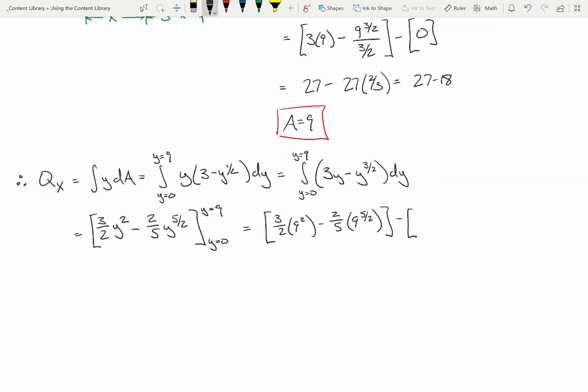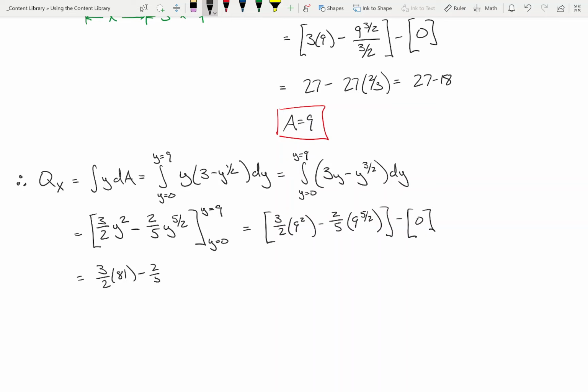And then if I plug in the bottom number, I'm going to get 0 everywhere. So this is going to be 3 halves times 81 minus, okay, so what do we get here? We get 2/5.